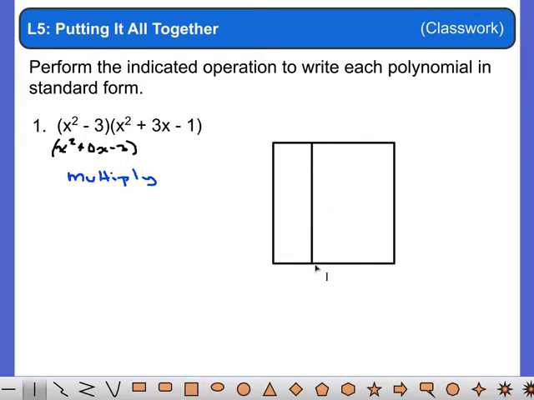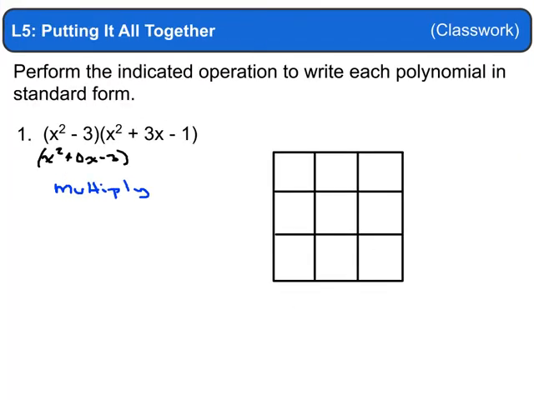We'll put a line here and a line here, and then we'll go across, and then we'll fill out our information. We can put x squared plus 0x minus 3. We can put x squared plus 3x and then minus 1.